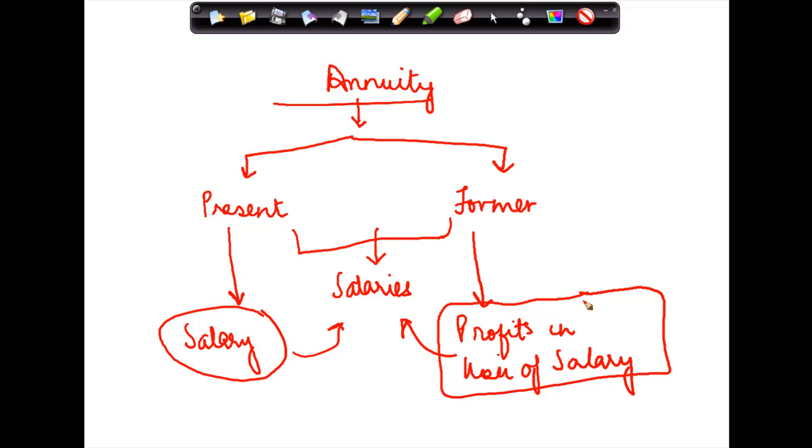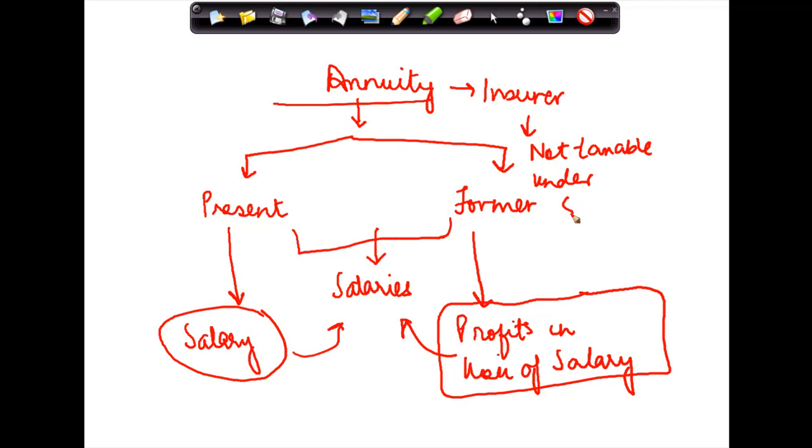So whether it is salary or profits in lieu of salary depends on whether it is paid by the present employer or the former employer. If it is paid by someone else and not the employer, then it is not taxable under the head income from salaries. So say an annuity paid by a life insurance company or an insurer to a person is not taxable under the head salaries.